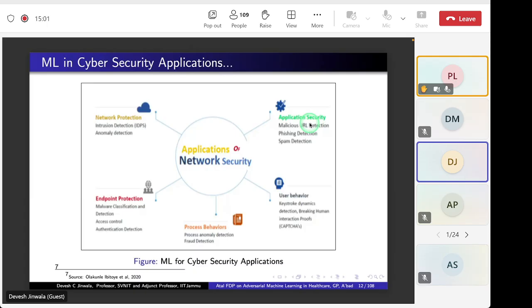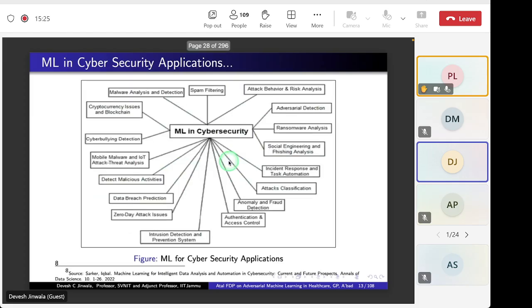All of these form application security. Or protecting against anomalous user behavior like keystroke dynamics detection, or breaking human interaction proofs using captchas, or process anomalies. So everywhere in the applications or in network security, machine learning is used.